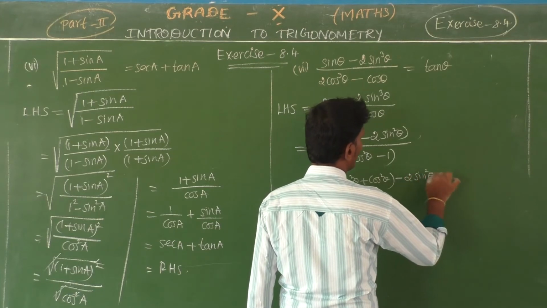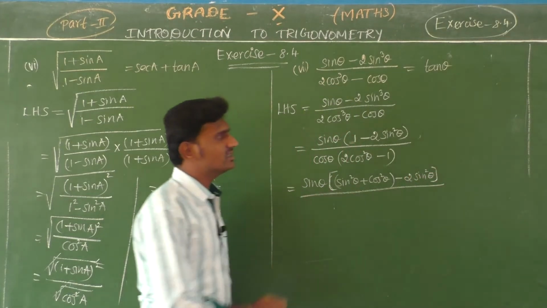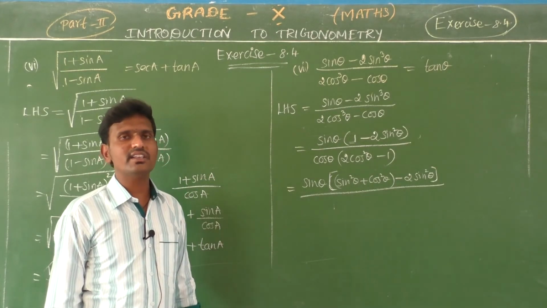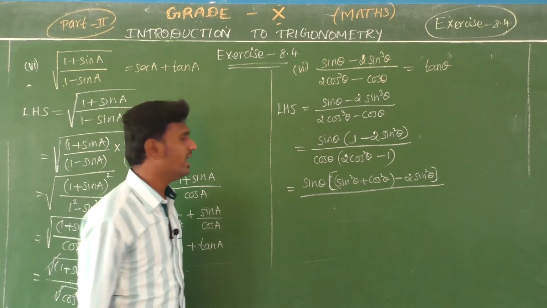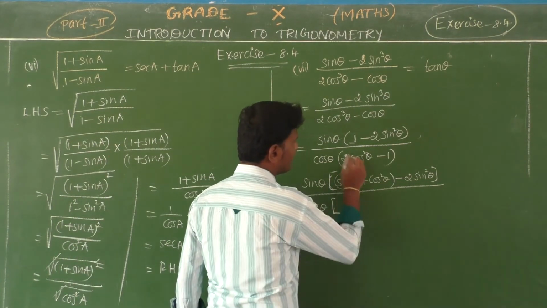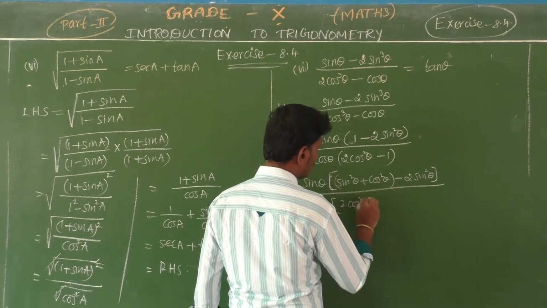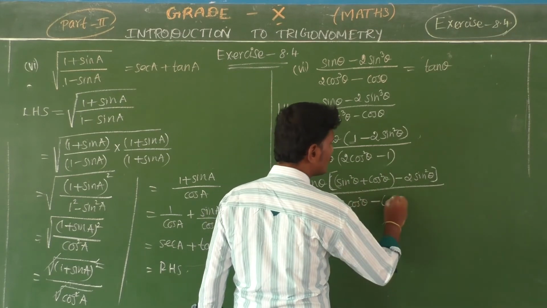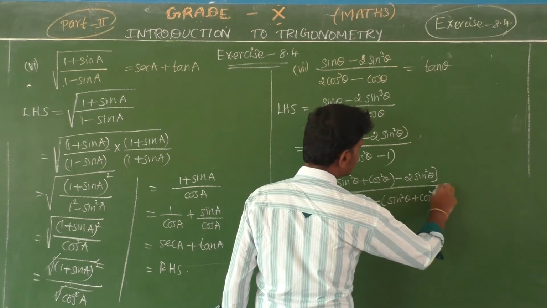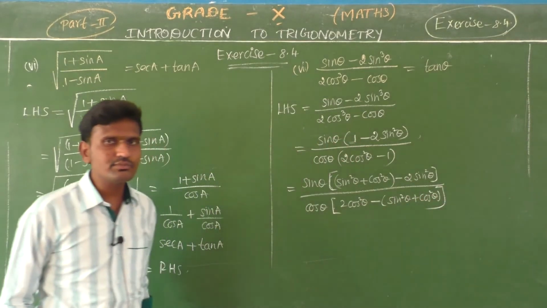Because we have only sin and cos terms. Now I am taking cos theta outside. In the remaining terms, 2 cos square theta minus, this one also I am going to consider as sin square theta plus cos square theta.